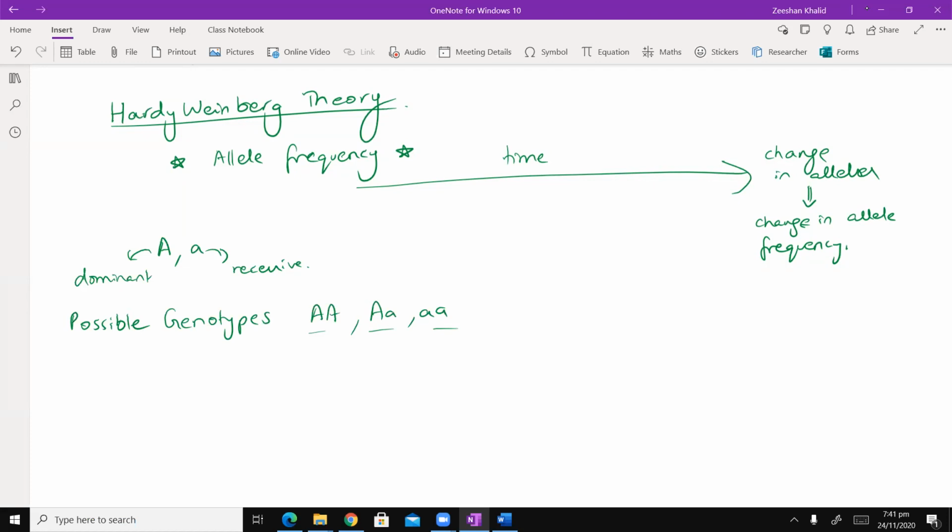If you don't understand what I am saying, let me give you a very simple example. If I'm talking in terms of frequency, in terms of percentage, the total can be considered as 1, and this 1 will be divided in proportion among these three. And that can be according to any letter that I can suppose, in terms of genotypes and in terms of alleles.